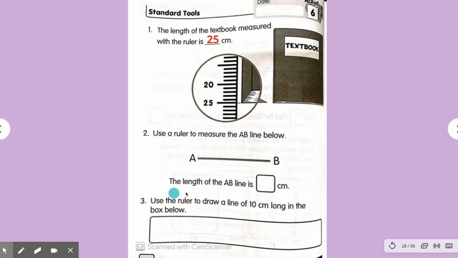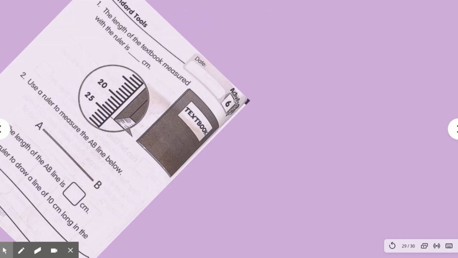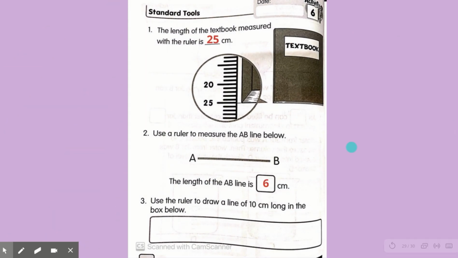The length of the AB line is... can you measure it now and give me the answer? Let's take a look at the answer. The length of the AB line is 6 cm. Did you get it? Very good. Excellent, everyone.